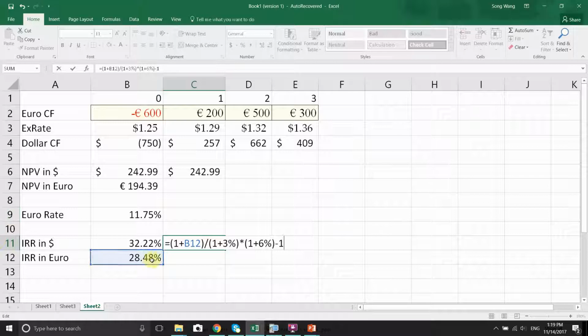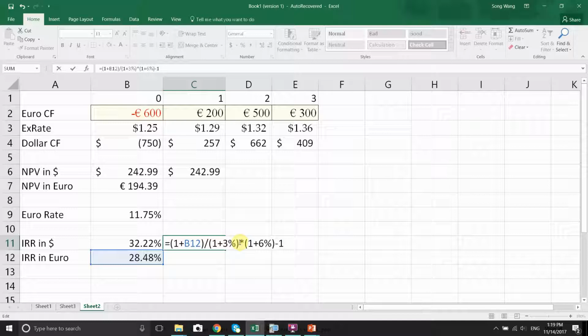So 1 plus the nominal euro return divided by 1 plus euro inflation gives 1 plus the real euro return, and under the international Fisher effect that is the real return in the United States.